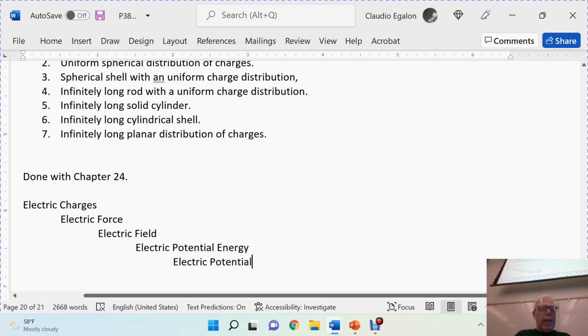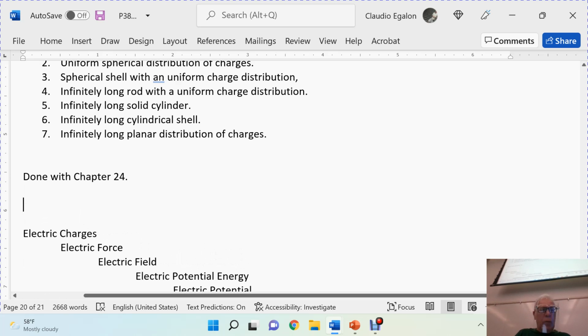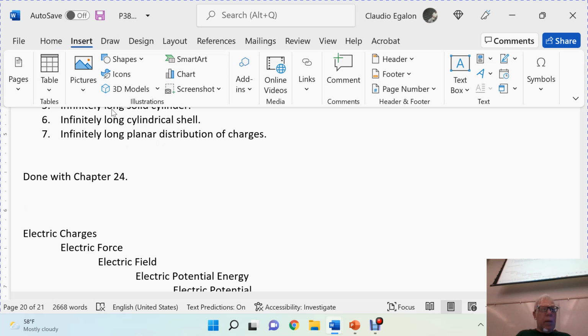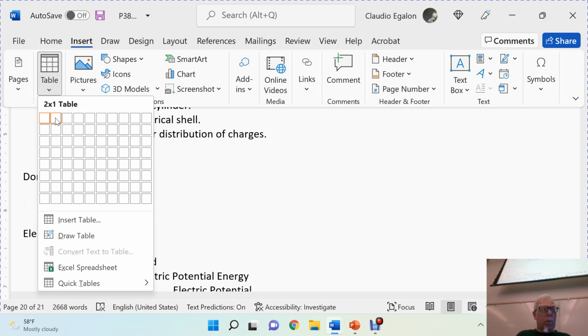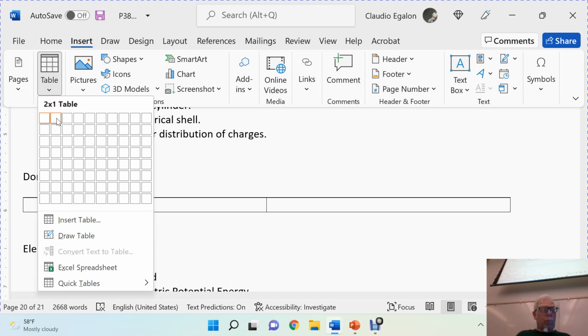If we were to make a parallel between what we have right now and what we did in mechanics, I'm gonna make here a table for you. Concept, right?